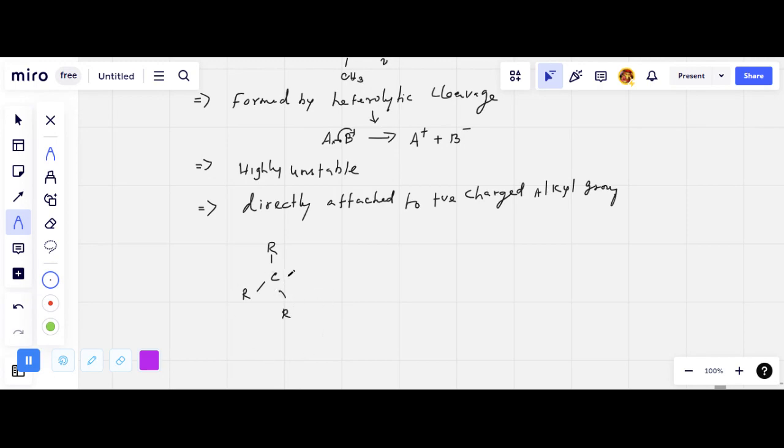If three alkyl groups are there, this is tertiary, which is more stable than the secondary. The secondary carbocation has one hydrogen and two alkyl groups, which is greater in stability than the primary.